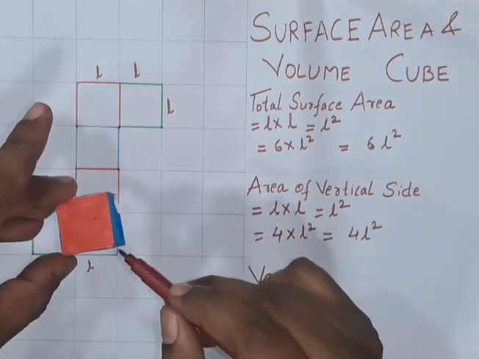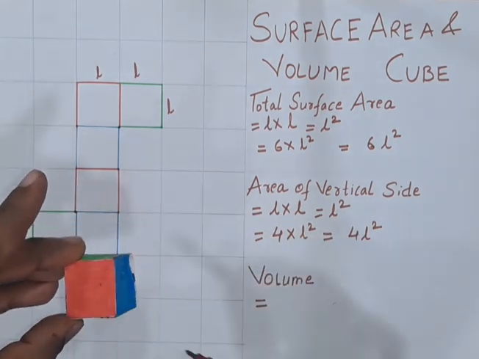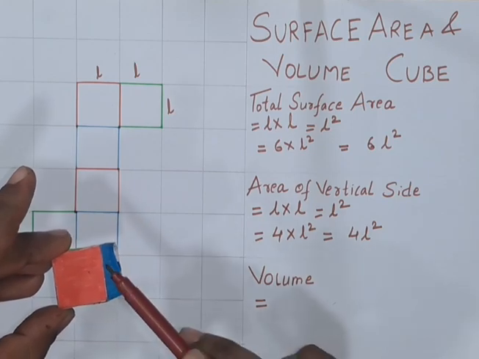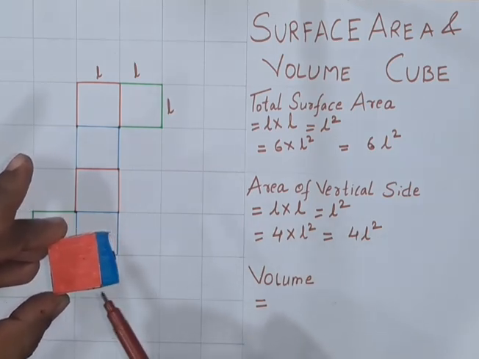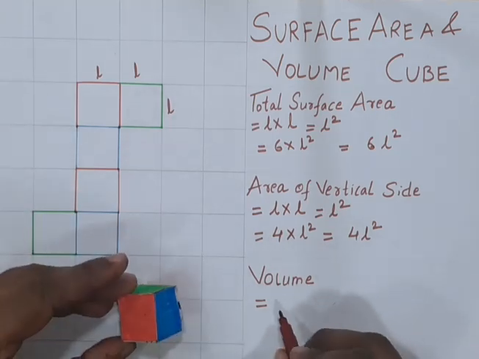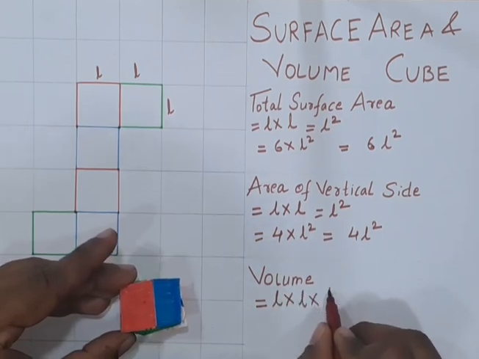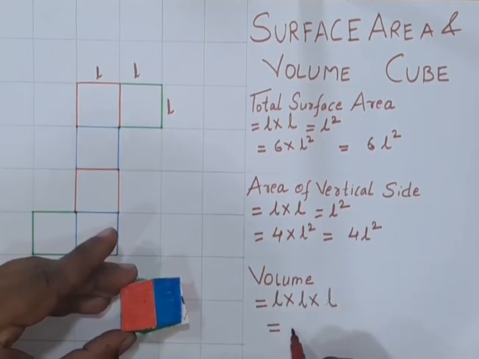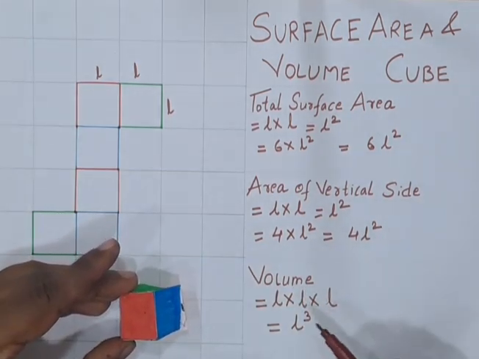For volume, you just have to multiply the length, breadth, and height. But length, breadth, and height are the same, so we can write it as L into L into L, which is L cube. So the volume of a cube is L cube.